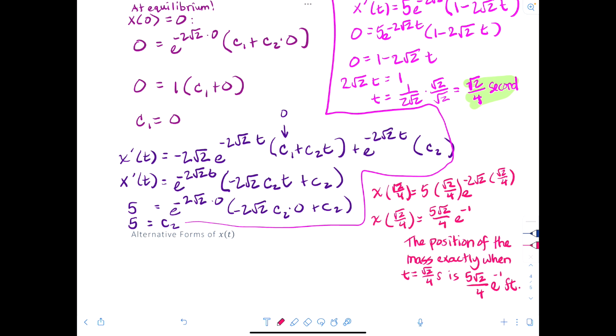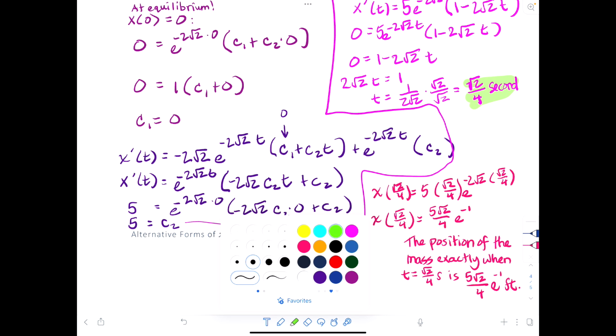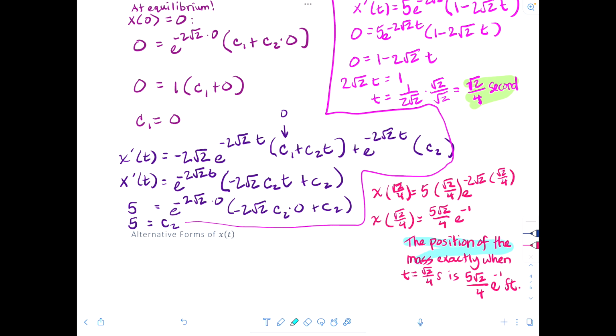Groovy? And that is our last thing we had to find.